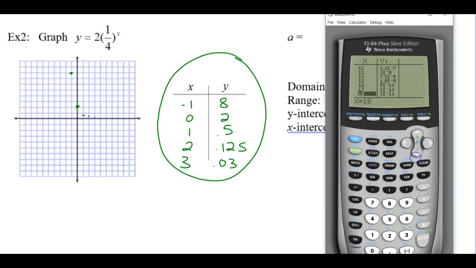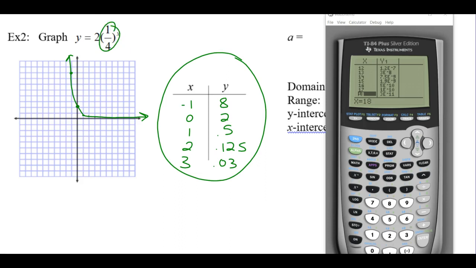No, they're always positive, okay? So it's basically doing the opposite of what we just did. So it's coming down, and then as we go to the right, it's half as big, or I should say a quarter, right? How do I know it's a quarter? The rate is 1/4.